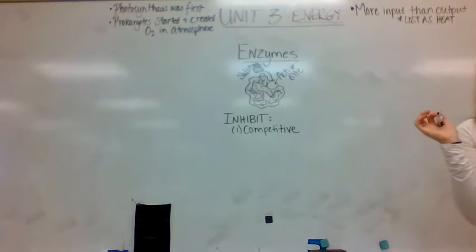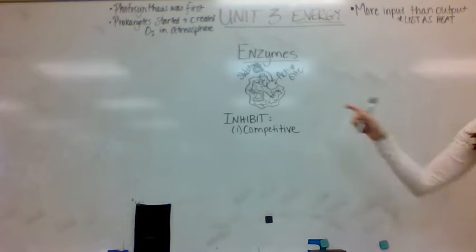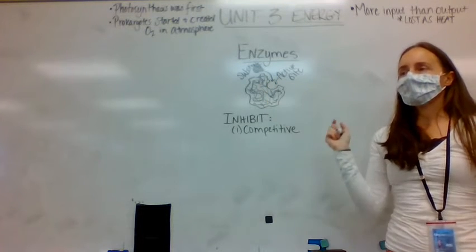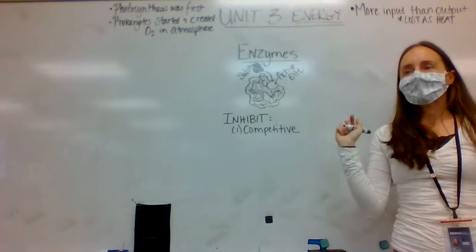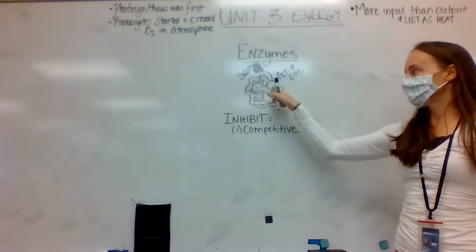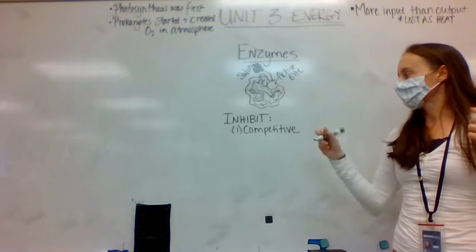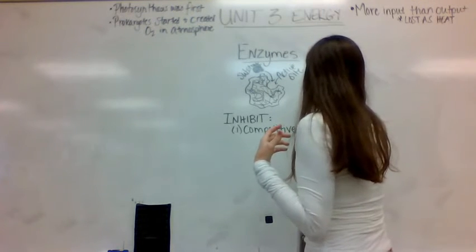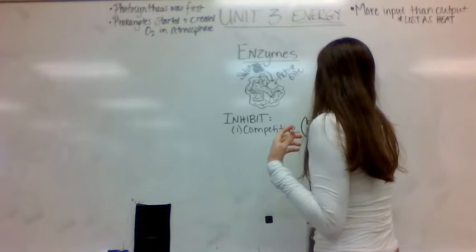How does that work? Well, it just goes into the active site. Your competitive inhibitor is going to sit down in here and be like, hey, I stole your active site. I beat you. We were competing and I won. So a competitive inhibitor basically just blocks your active site. Competitive is going to be blocks active site.